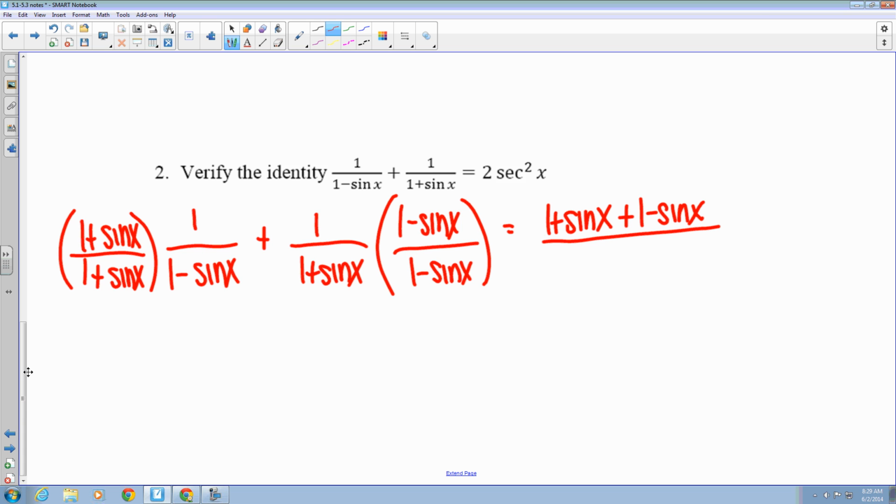If I multiply the bottom through, it would be 1 minus sine squared. Top simplifies to 2. Bottom simplifies to cosine squared if I'm looking at a Pythagorean identity. Dividing by cosine is the same thing as multiplying by secant. 2 secant, and we're done.